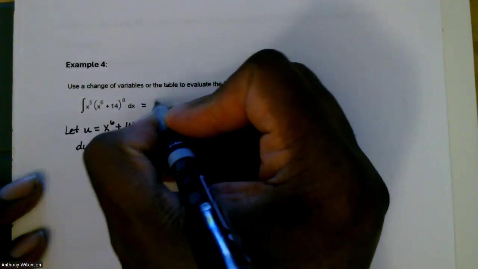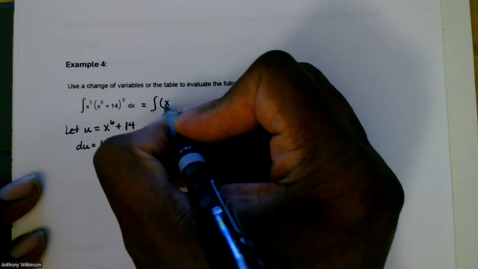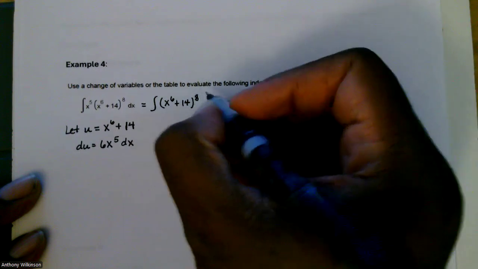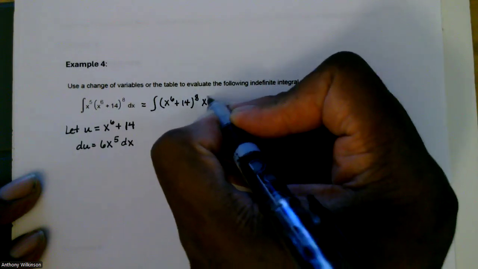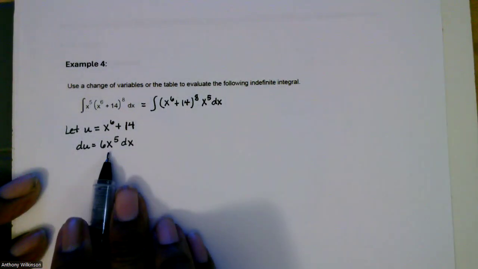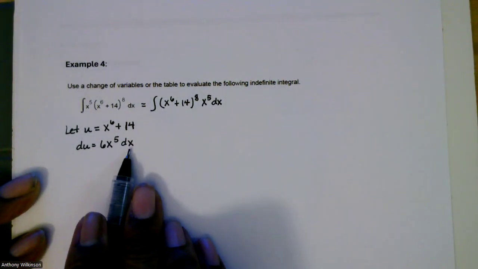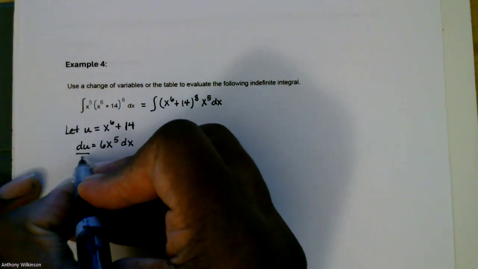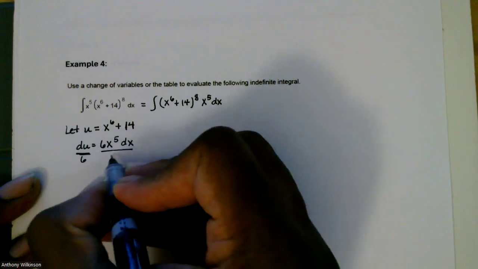And I'll rewrite this as the integral. Now put the x to the 6 plus 14 raised to the 8th. And then x to the 5th will go with the dx. Well, let me get x to the 5th dx by itself so I can do the substitution. I'm multiplying it by 6, so I'm going to divide both sides by 6.